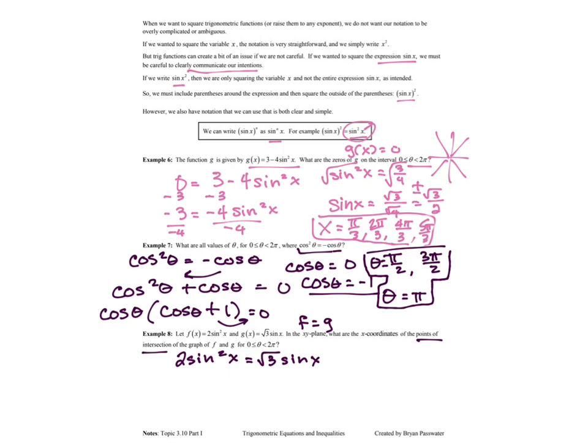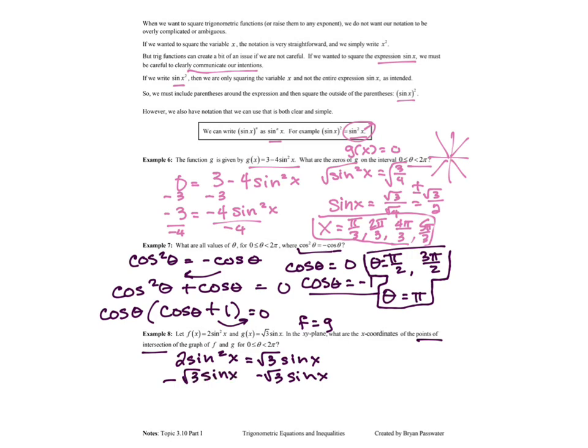Now what? Swing it over. Set it equal to 0. Factor. Okay? Guys, resist the urge to do anything but that here. Swing the sine x. You can't divide that out. But now you have a minus square root 3. Okay.